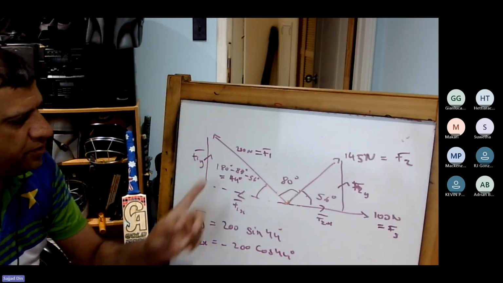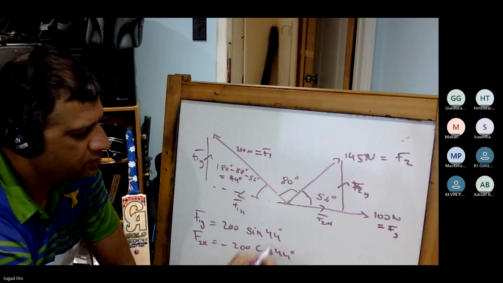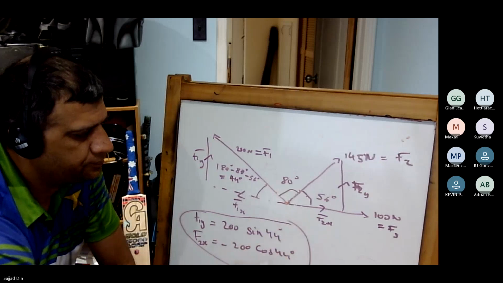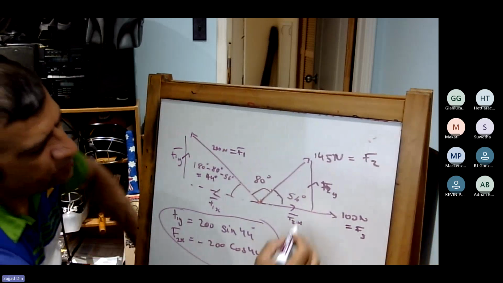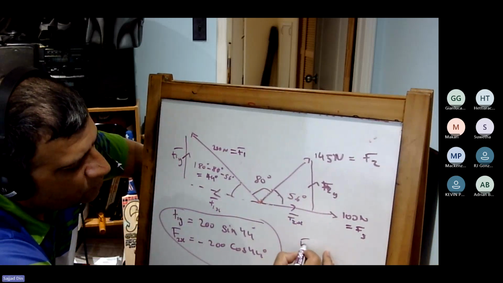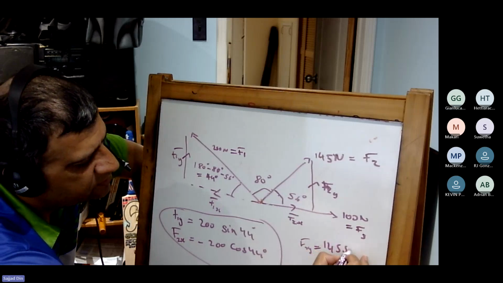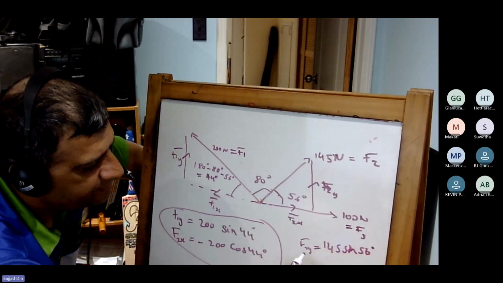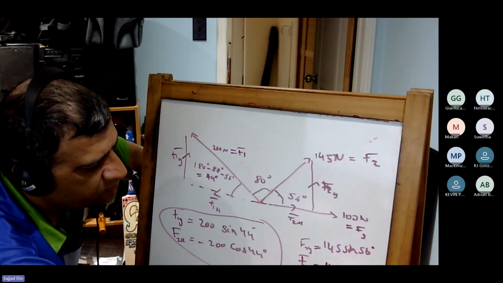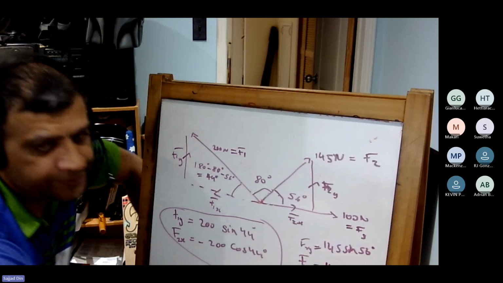This is what I would do for F1. For F2, F2y would be equal to 145 times sine 56, and F2x would be 145 cosine 56 degrees.